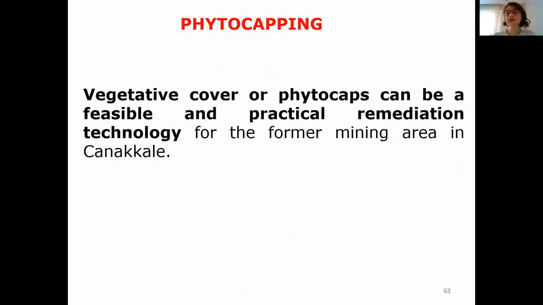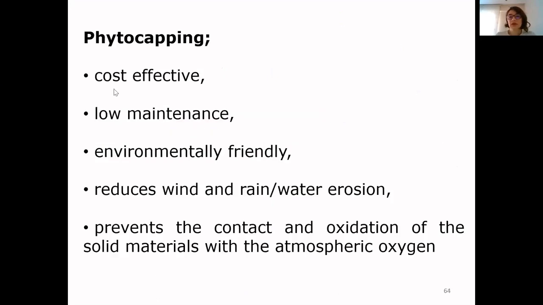And as I said, we focused on 2 remediation methods. One was electrokinetic remediation, and the other one is phytoremediation, and we can say also phytocapping. Phytocapping is cost-effective, low maintenance, environmentally friendly, reduces wind and water erosion, prevents the contact and oxidation of the solid materials with atmospheric oxygen.